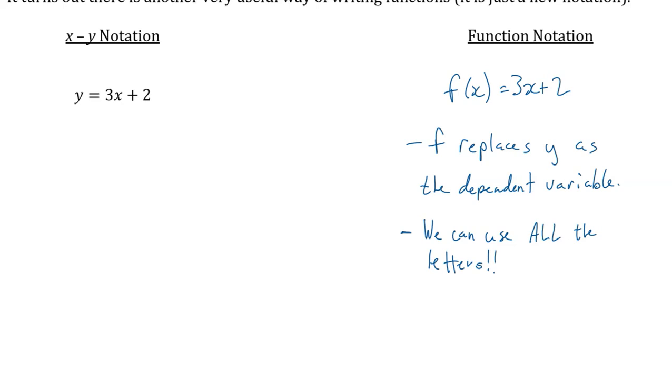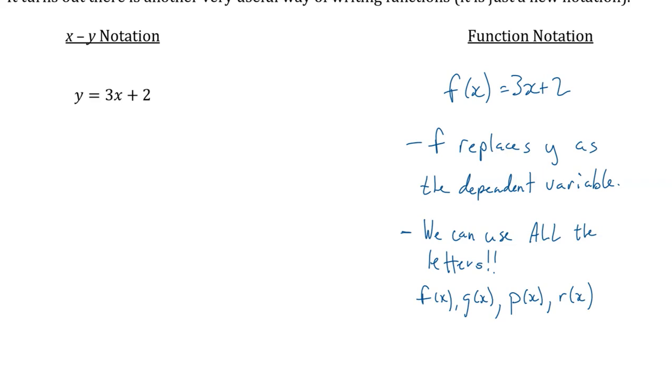So we can use f at x, g at x, p at x, q at x, r at x, d at x, t at x. Like x at x, probably not. Some letters are better as a variable than others. Like O isn't a good one because it looks like a 0.